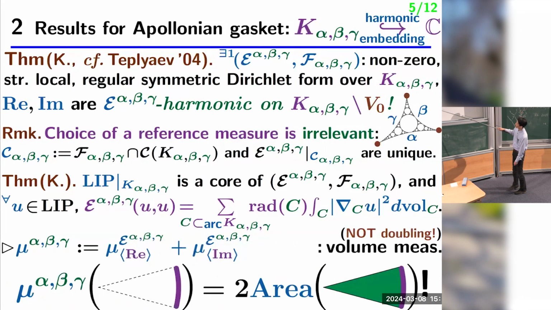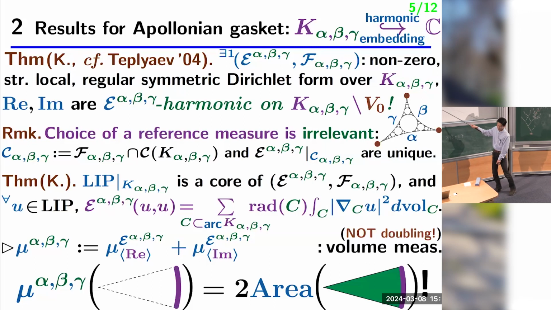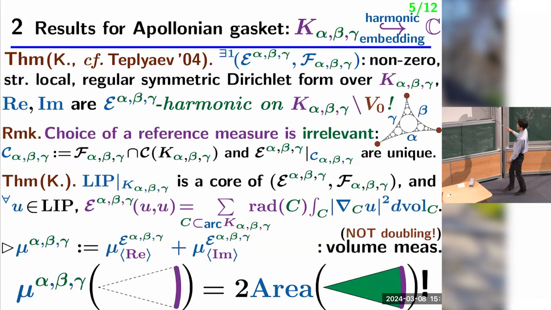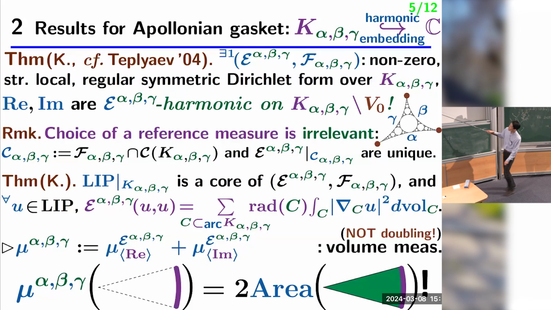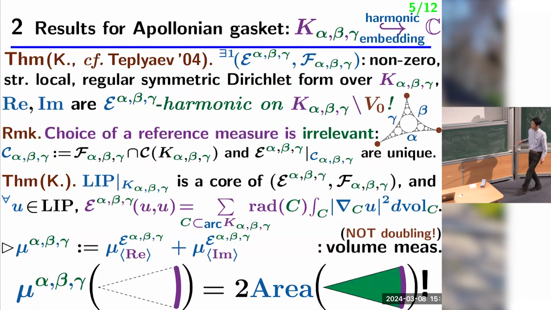In other words, if you sum the energy coming from the x coordinate and the energy coming from the y coordinate, where this one denotes the measure given by forgetting this integral sign, and you sum up these two measures associated with the coordinate functions, then you recover this reference measure. So this could be considered as the energy measure of the embedding map. That's another way of looking at this.